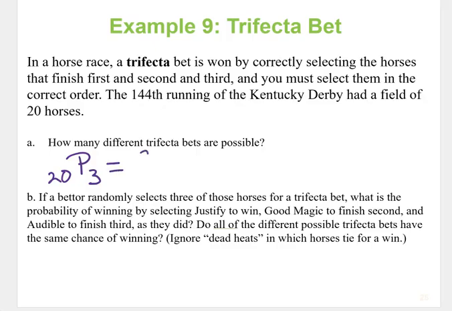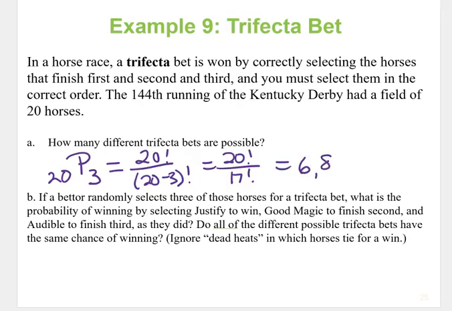That would be 20 factorial over 20 minus 3 factorial. So 20 factorial divided by 17 factorial, and that turns out to be 6,840. So you would have to place 6,840 different unique bets to guarantee that you would win. It's probably not a good strategy to bet every single one.